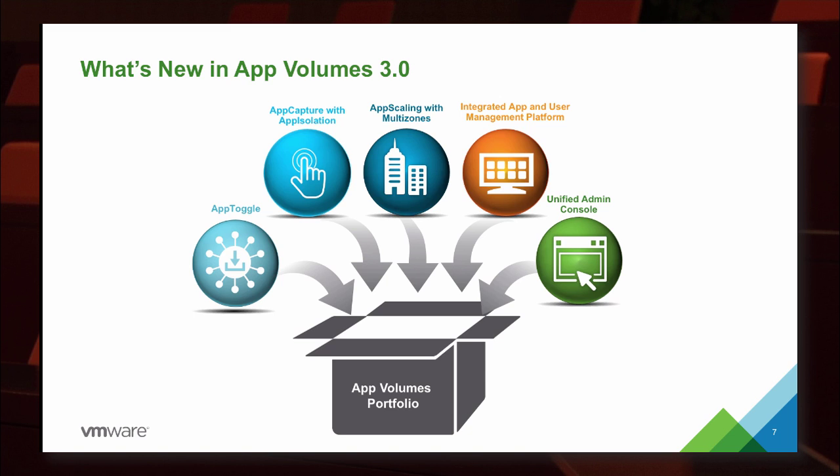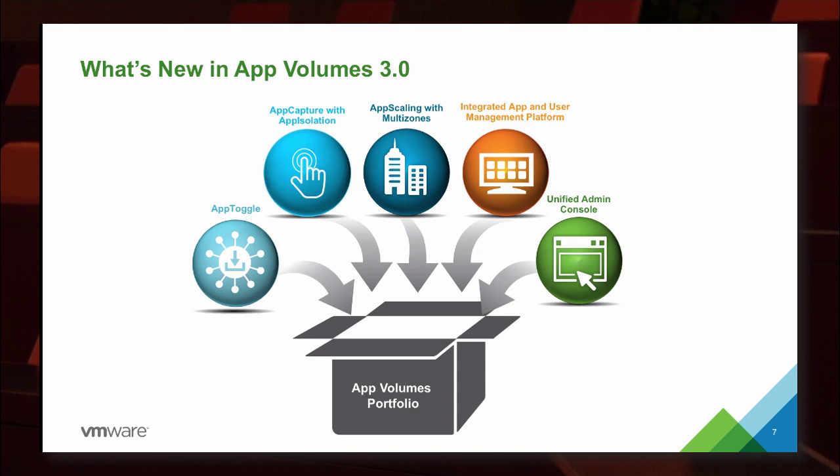It effectively creates a private sandbox for that application. So now we've got applications, we can turn them off and on with App Toggle. We can capture them as we need. And then once they're captured and merged in, we can isolate them as needed. And all of this, again, remains completely outside of what the user has to deal with.